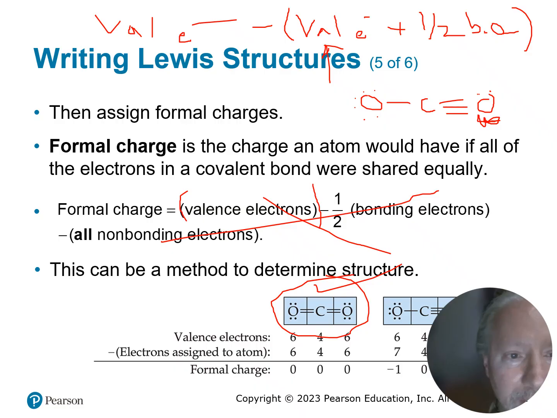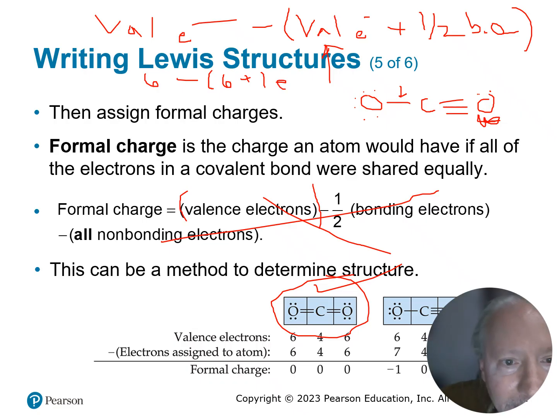We know that the valence electrons on oxygen are always going to be 6. Then we count up the lone pairs, 2, 4, 6, so we have 6 electrons again. Now we have to add any bonded electrons divided by half. We do have this bond here, which is 2 electrons, and 2 electrons divided by 2 is just 1 electron.